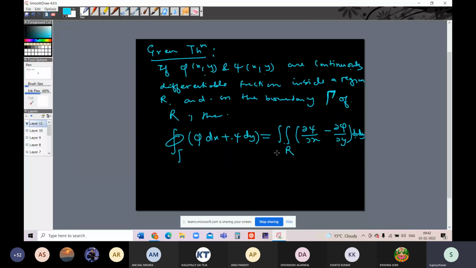Say that it is equation number 3. We will use the statement of this theorem in our previous equation, which was equation number 2.